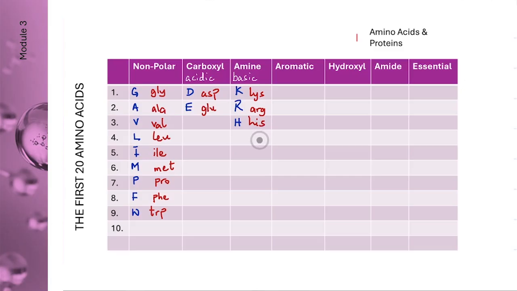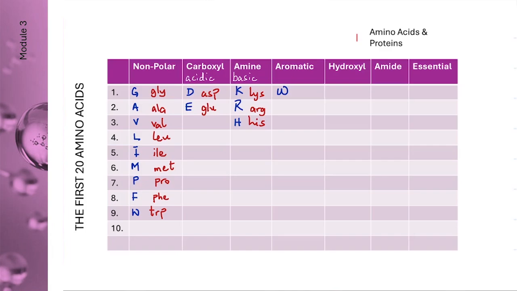So don't forget KRH. Next, we move to the aromatic amino acids. What are the aromatic amino acids? The first one that you shouldn't forget is tryptophan, W. Tryptophan is very important because it's an essential amino acid. We'll get there. We also have phenylalanine.